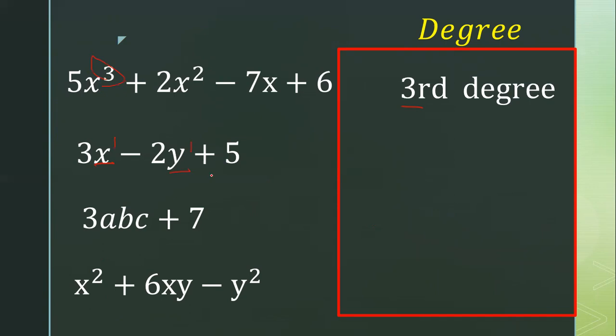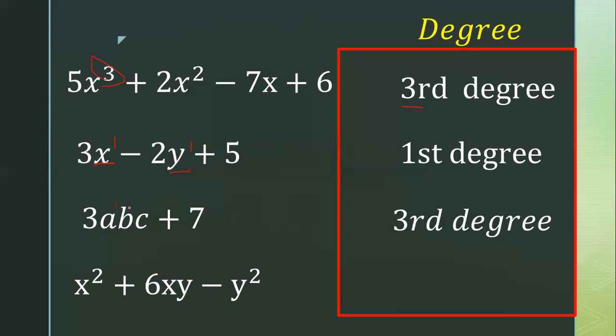So the degree of 3x is 1, degree of 2y is 1, while the degree of 5, which is a constant, is 0. Therefore, the degree of this trinomial is first degree. While this binomial has 1, 2, 3, third degree.